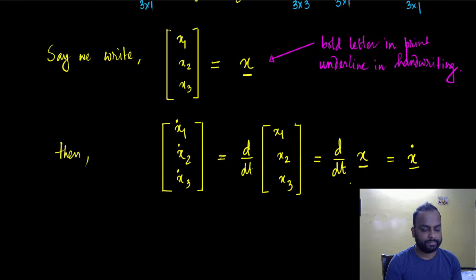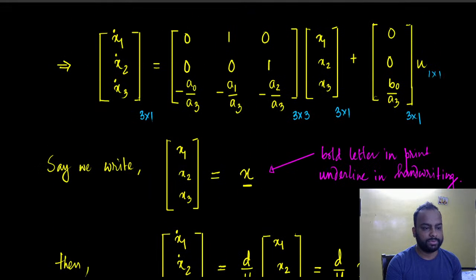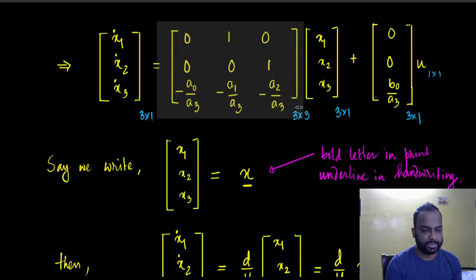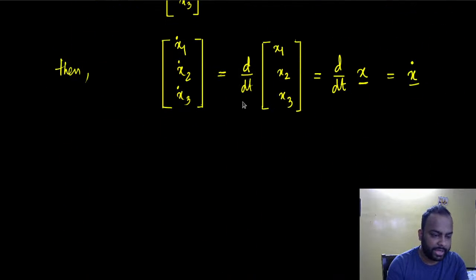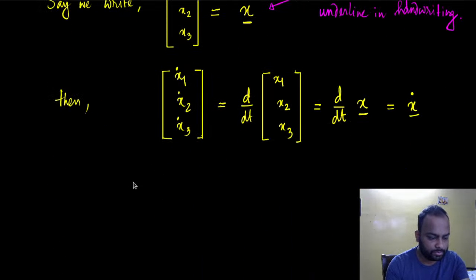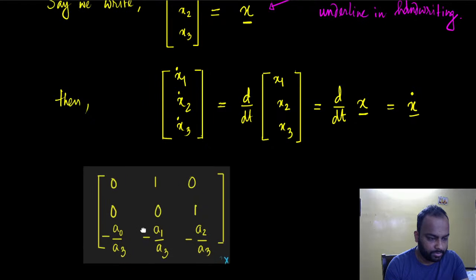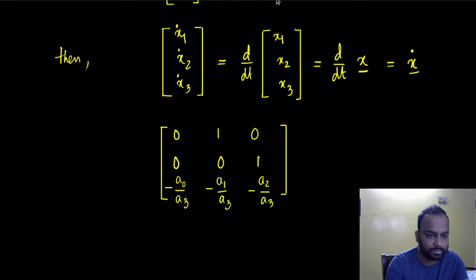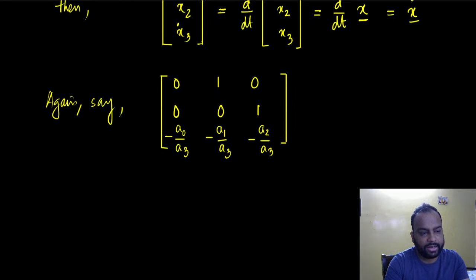Now let's assume this is a matrix. Let us assume this to be another matrix and give it a name.